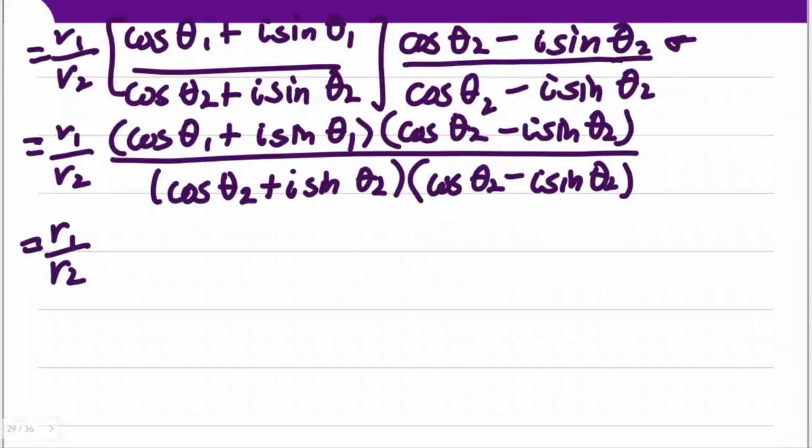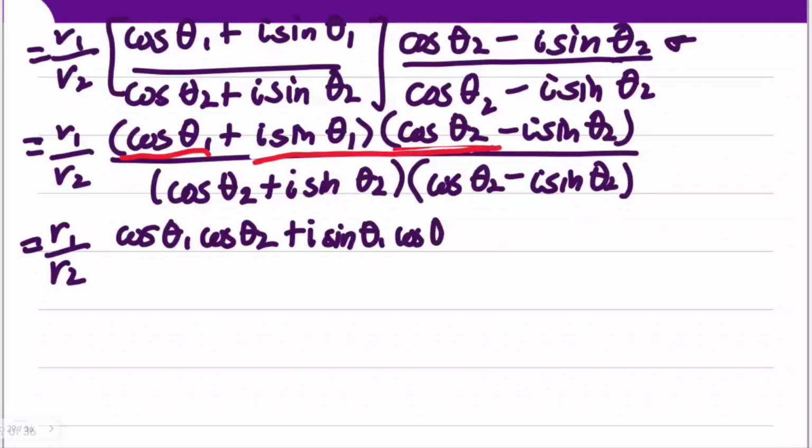For the numerator, allow me to do this using the FOIL method. First terms: we would be expecting cosine theta sub 1 times cosine theta sub 2, right? For the inner terms, we have this and that, so you will have here plus i sine theta sub 1 cosine theta sub 2.